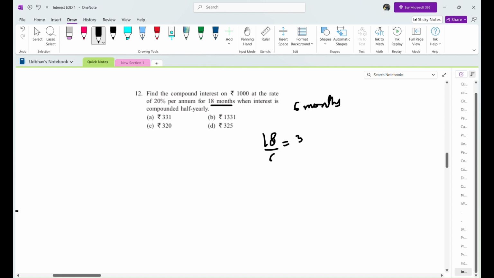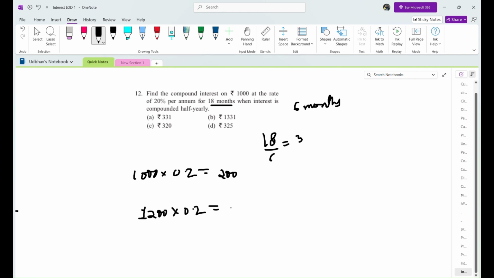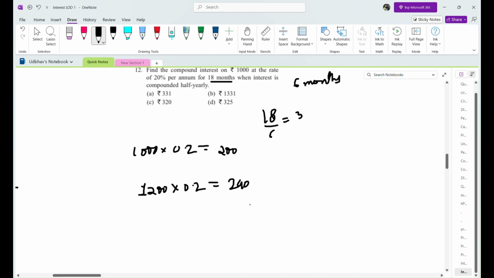So for the first time, that will be 1000 into 0.2, which will give us 200 rupees. Next time, that will be 1200 into 0.2, 240 rupees.